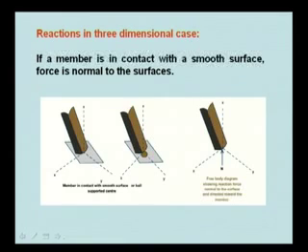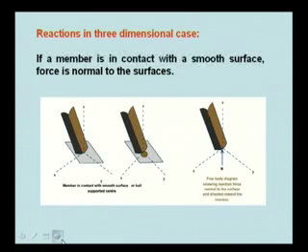If a member is in contact with a smooth surface, or it is supported by a ball, in that case if we make the free body diagram of that structure, the free body diagram shows the reaction force normal to the surface and directed towards the member. On a smooth surface the reaction has to be this. Suppose we put some object on a smooth floor, then the reaction will be normal to the floor only.